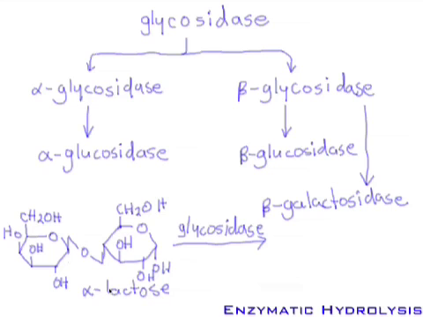So if I just write glycosidase over the arrow, you may assume that I use an appropriate enzyme to cleave this molecule, because it is a glycosidic linkage. And so you would draw your two products. I'm not going to draw them out. You can draw them separately, which would be your galactose with its beta linkage plus your glucose with its alpha linkage.